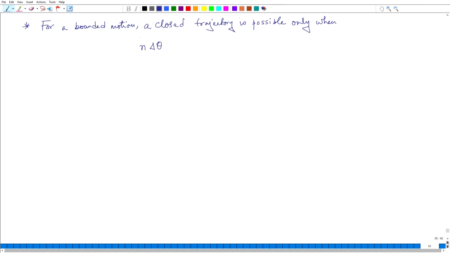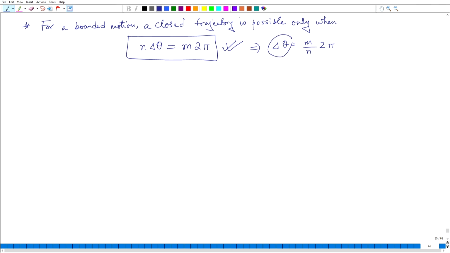So, after n times delta theta, this is a multiple, m times 2 pi. If you have this, then delta theta is equal to m by n times 2 pi. So, delta theta is some alpha times 2 pi, where alpha is a rational number.